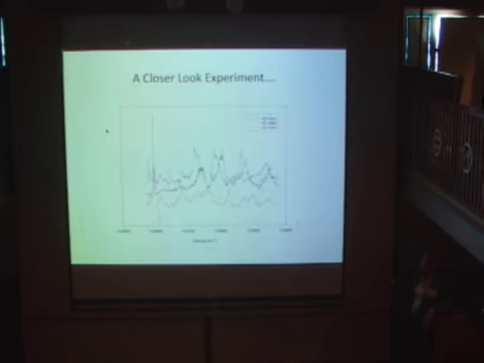Here's a closer look at our experiment. Now I'm showing you the three intermediate angular momentum states, EF 0, J equals 0, 1, and 2, and I'm showing you the same energy region across the threshold marked by this line.